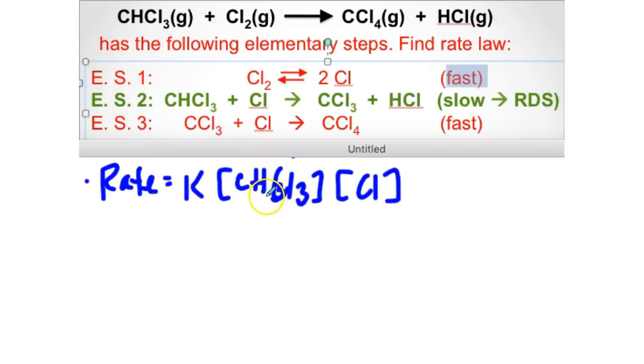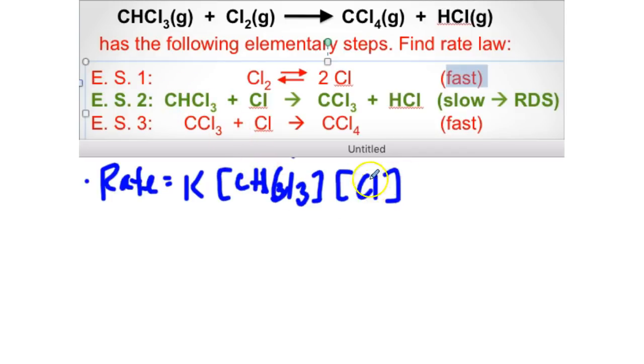This CHCl3 is part of the overall reaction, and it is part of the rate determining step.